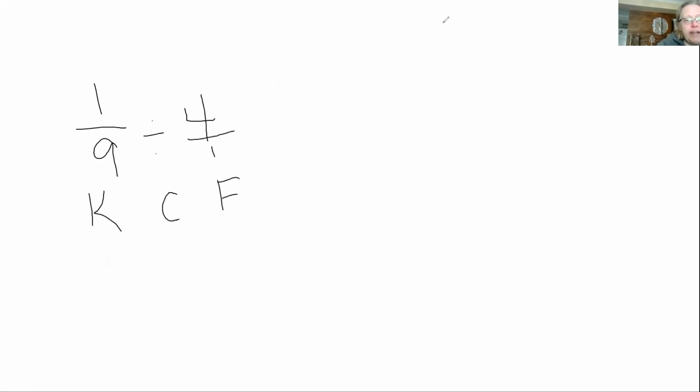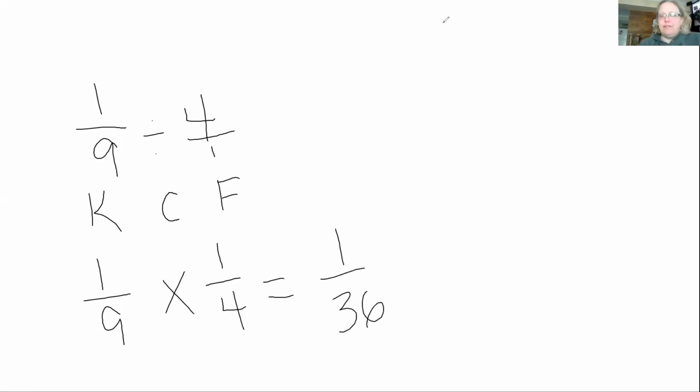So we're going to keep 1/9. We're going to change division to multiplication. We're going to flip over the 4, making it a 1/4. Now we're going to do our simple multiplication problem, 1/36. And again, no simplifying there, but always the last thing you need to do is check to see that it can be simplified. All right, so I think that that's pretty simple.